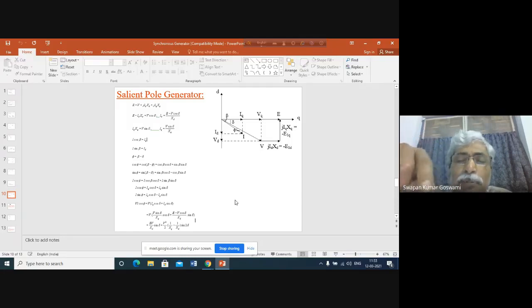In a salient pole machine, that is not possible because the reluctances are not equal. You cannot represent this type of machine by a single reactance or a single inductance. Since the air gaps are different, the reluctances will be different, so the fluxes also will be different.